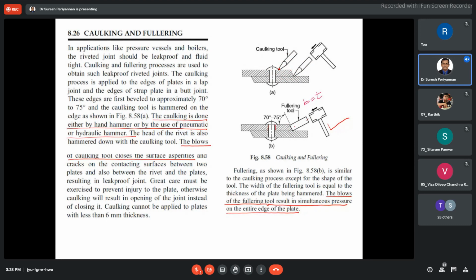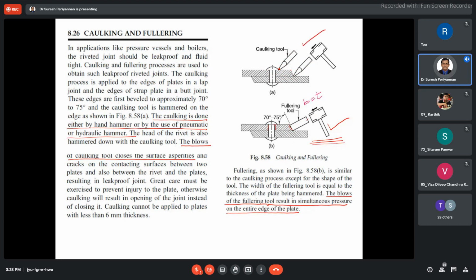The fullering tool also gives a clean finish when we are making the riveted joint, which might otherwise deform or distort. Hence fullering gives a clean finish, and it is less risky as compared to the caulking tool.